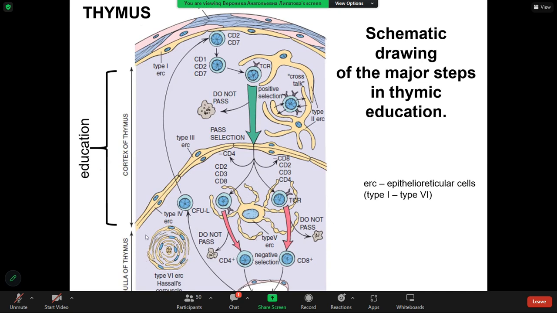And number 6, we are interested in number 6 because this is an epithelial cell, and as a result of keratinization we can see a very bright marker of thymus under microscopic examination, Hassall's corpuscle.